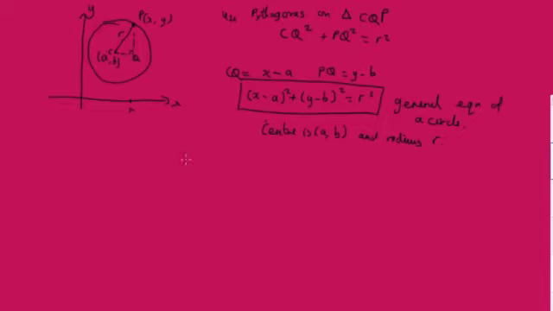So let's look at some examples. For these equations, we're going to write down the coordinates of the centre and the radius of each.